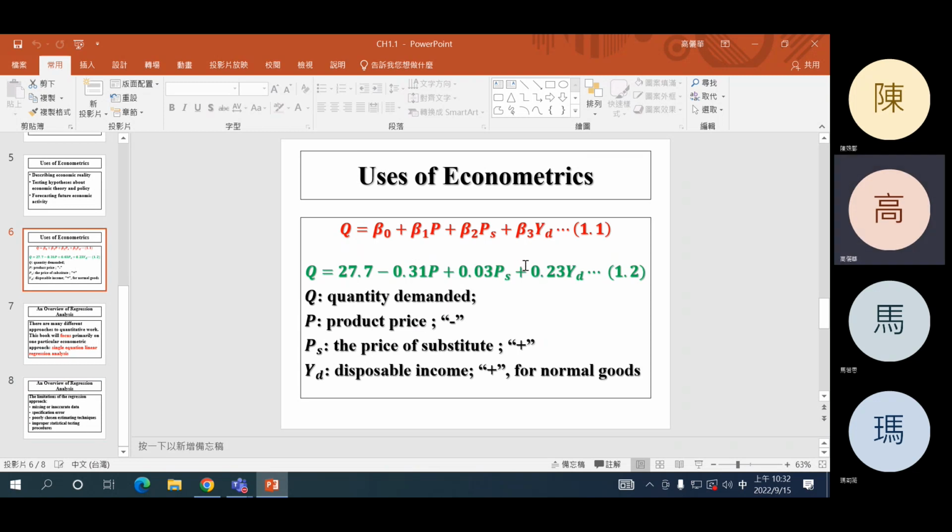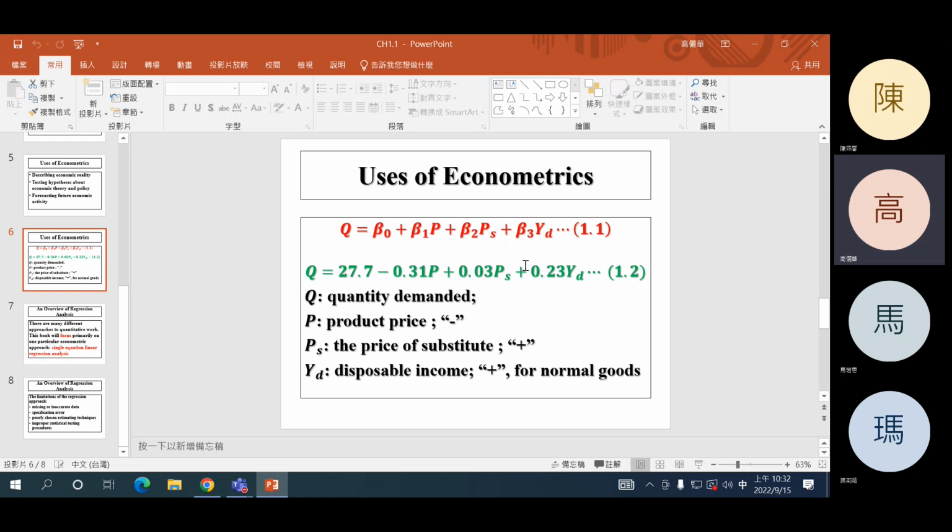In economic theory, in order to fully understand the demand law for any particular product, we have information about the product's price, and also the substitute price, and also the disposable income.